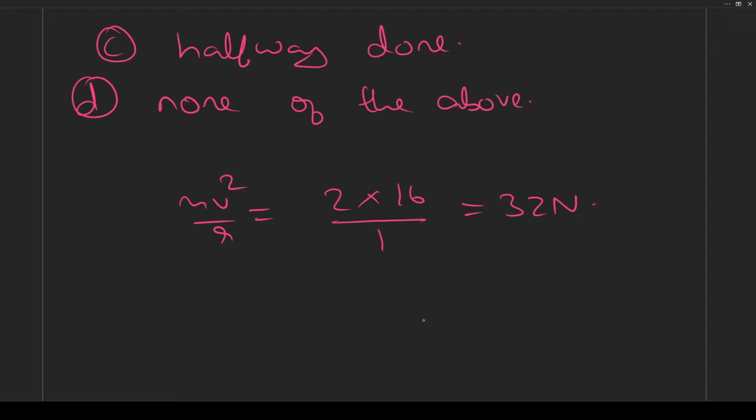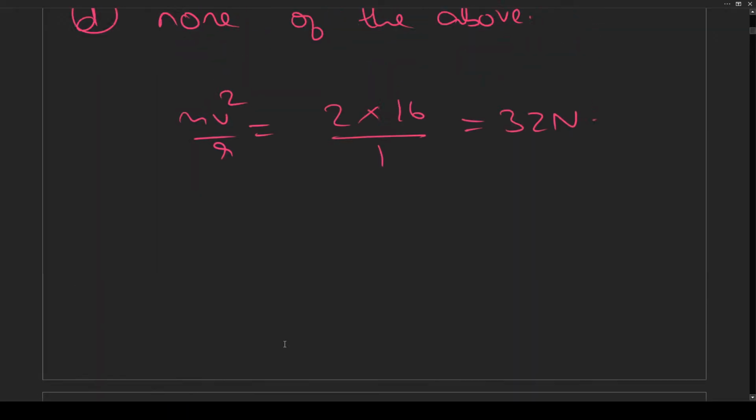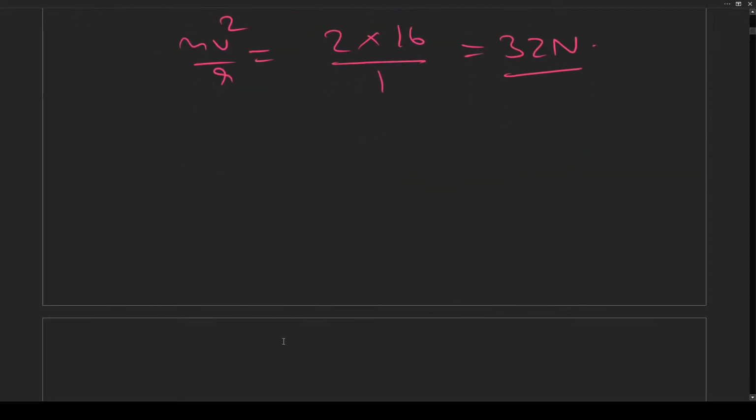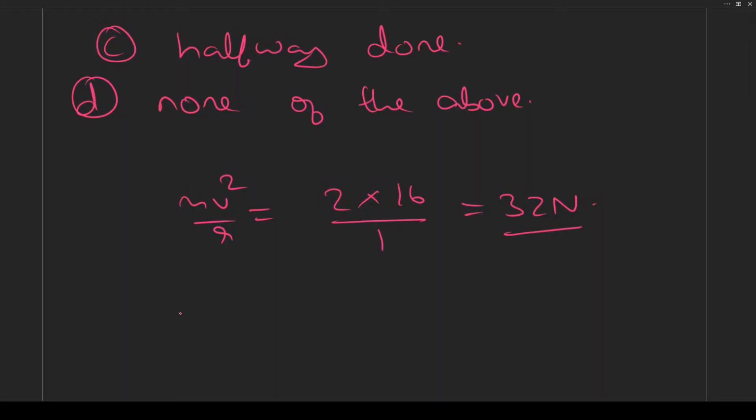This is inwards. Now this is 32 Newton, this is the tension, and we know tension minus mg is equal to mv square by r.